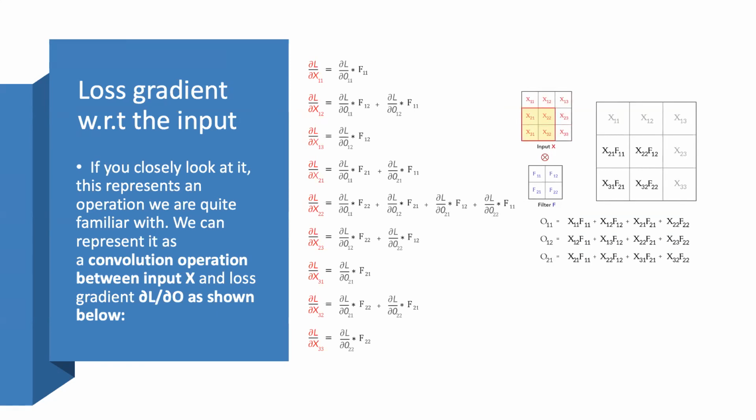So the filter passes through X22 for all the outputs. Do you see anything with respect to the subscript of the filter when you see X22? So Oij gets paired up with F n minus i, m minus j.